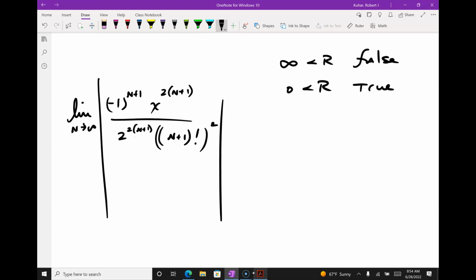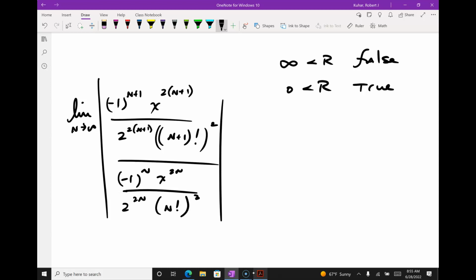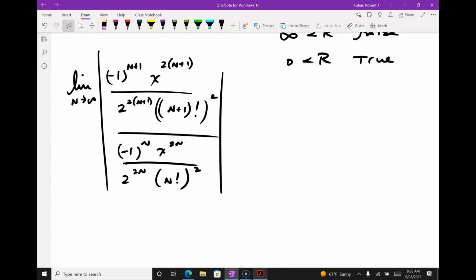Yuck. Horrible, right? Well, what's nice about the absolute value, it's going to kill these, so I can stop thinking about those, right?